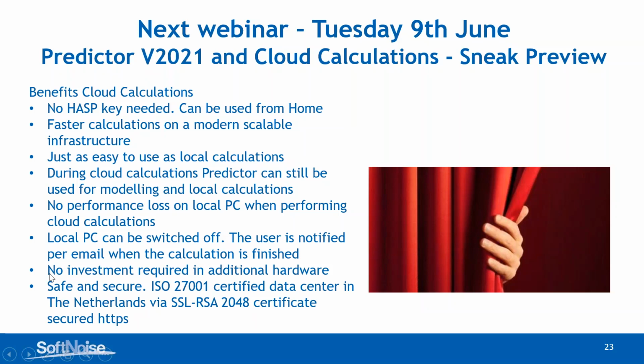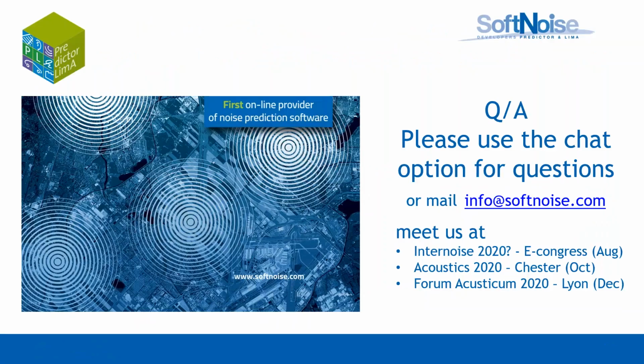Of course, one of the major benefits is that you do not have to invest in additional hardware, and it's safe and secure. We use an ISO 27001 certified data center in the Netherlands, and we've got a certificate secured HTTPS connection. So that's exciting new news, but I will come back to that in the coming weeks.